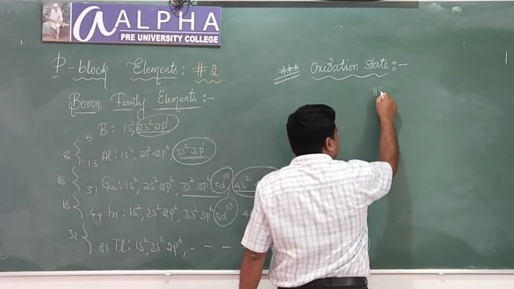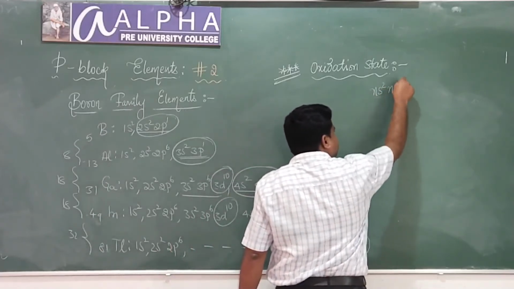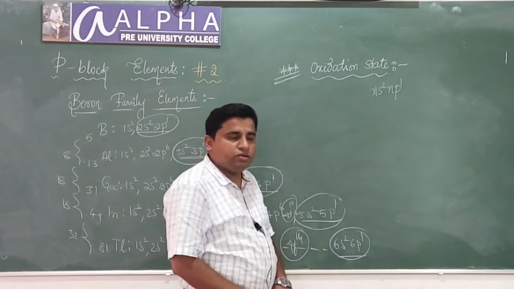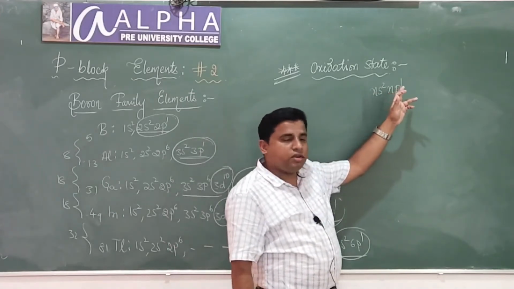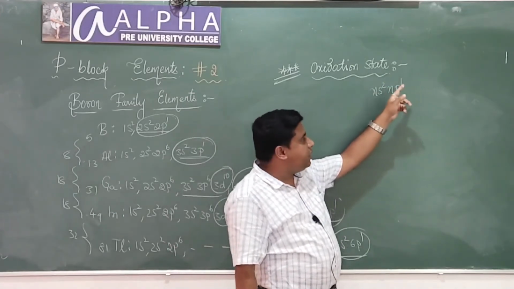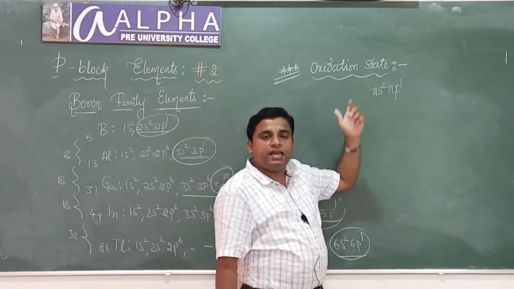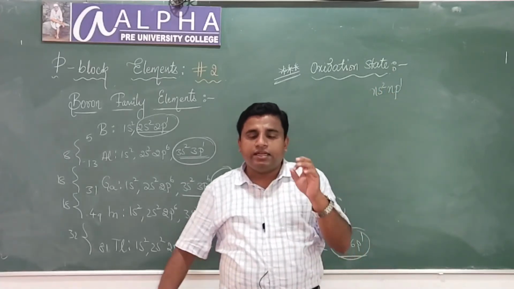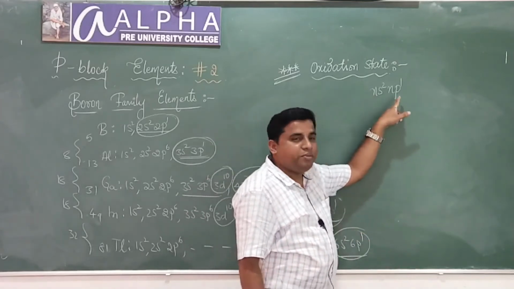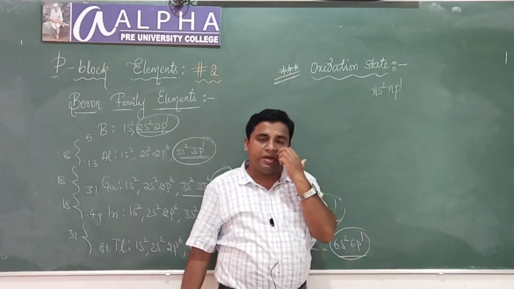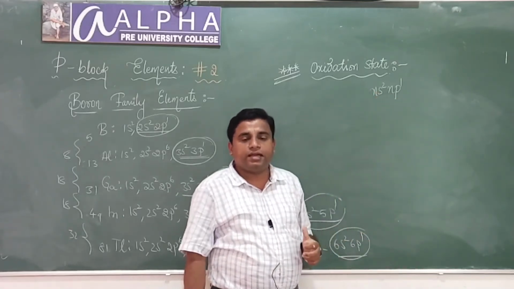It was ns2 np1. So we know there is one electron in the outermost p orbital and two electrons in the inner s orbital, isn't it? Yes or no? That is correct.